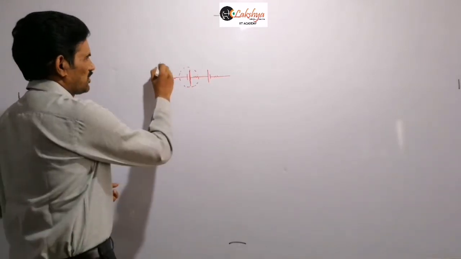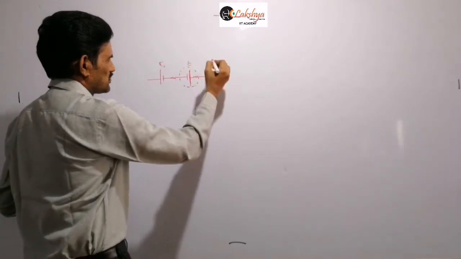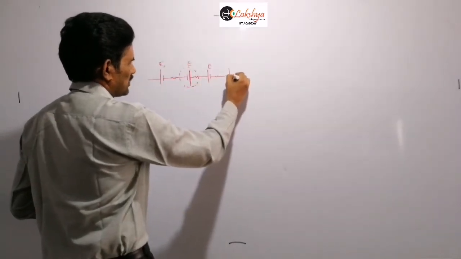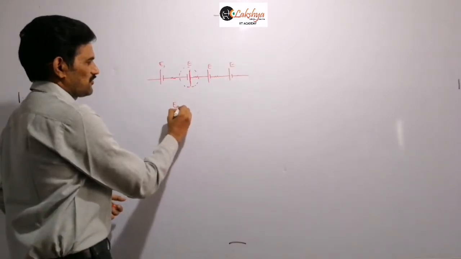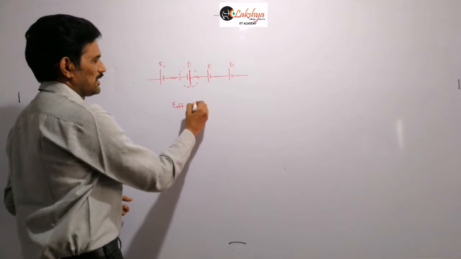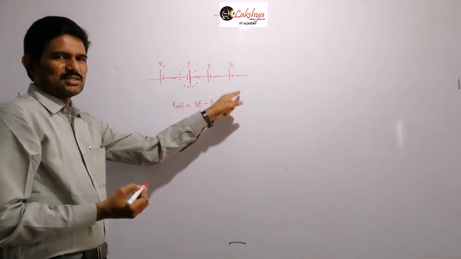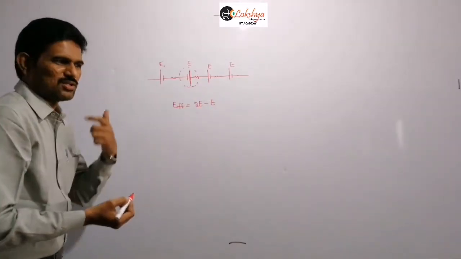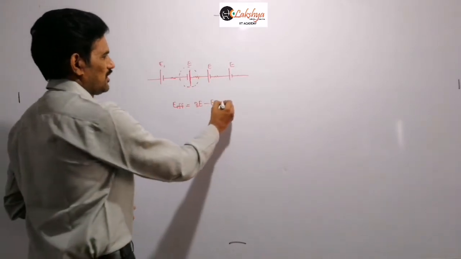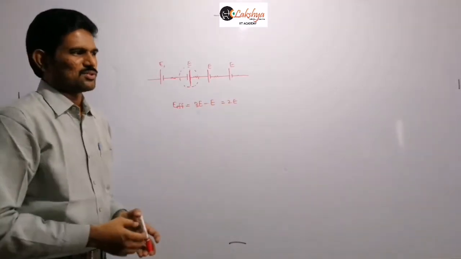Suppose this is of EMF E, and this is also E, and this is also E, and here one more cell is there like this, for example. Then the effective EMF we can write as 3E minus E, because three cells are connected in series correctly and one cell is connected in the opposite direction. So we need to subtract this EMF, and so it will be 2E. That is the effective EMF of this combination.